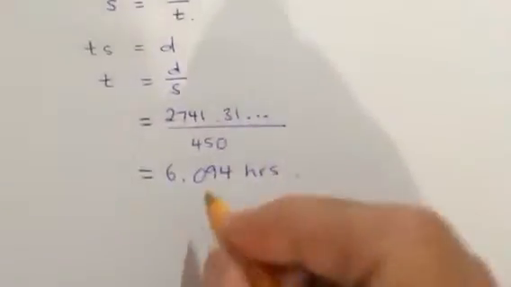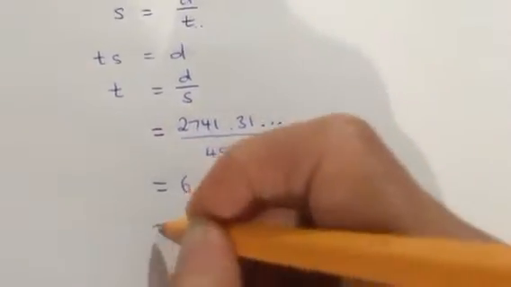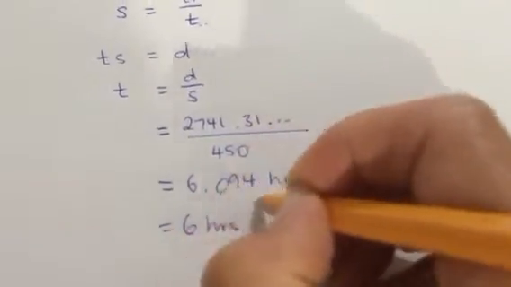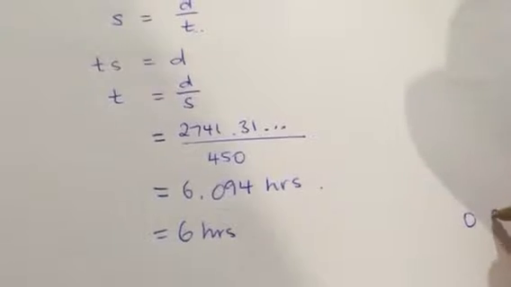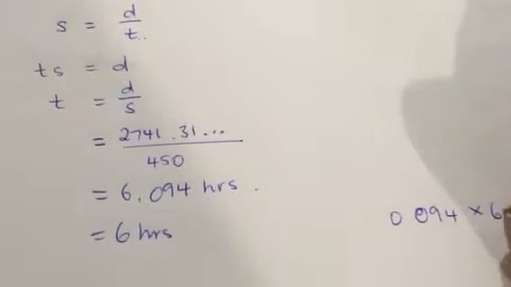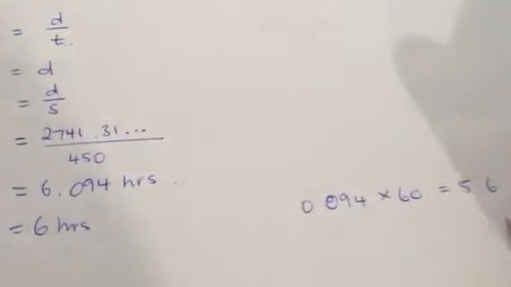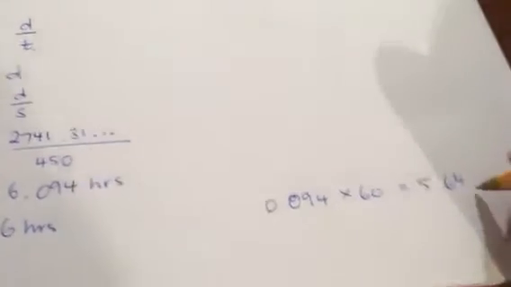Now, generally, we don't like doing this sort of thing. It's better to figure out this bit in minutes. So that's 6 hours. To figure out what 0.094 hours is in minutes, we just do a little calculation. You don't even really need to show it. Just do it times 60, and you're going to get 5.64 minutes.